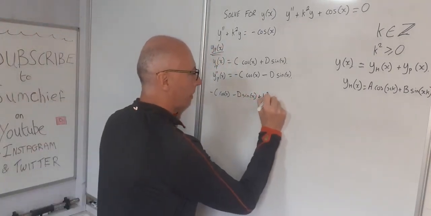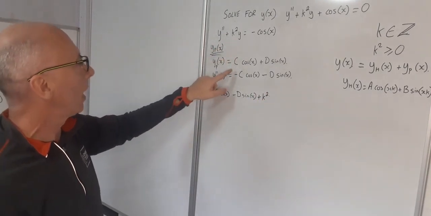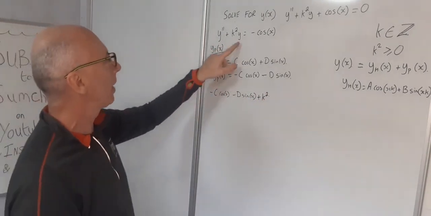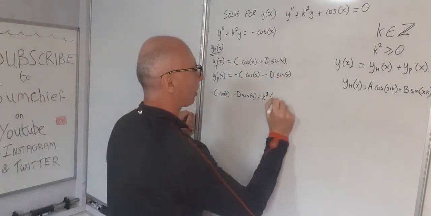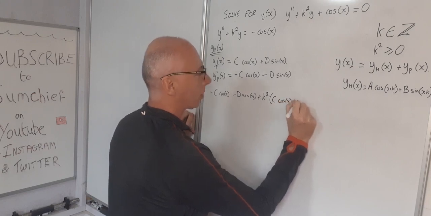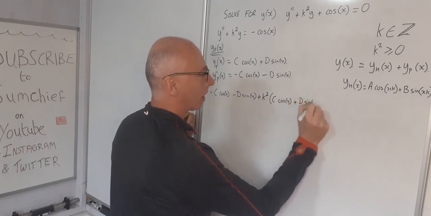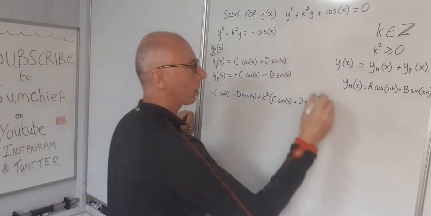So we reintroduce our constant term here. Our k squared we just plug in like that, and then our y we're going to plug in this value. So now we've got c cosine of x plus d sine of x, and that's set equal to minus cosine of x.